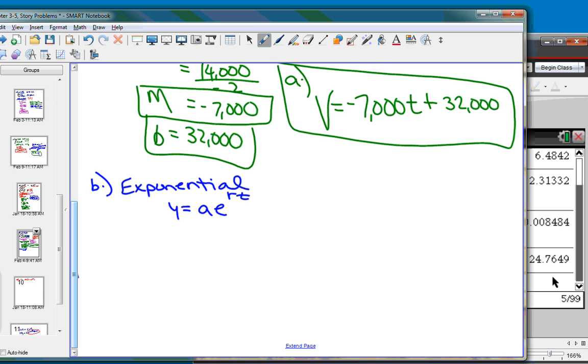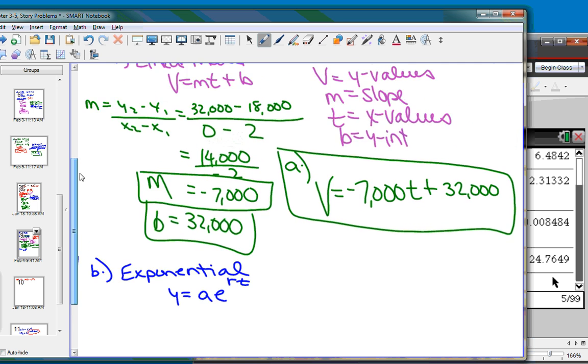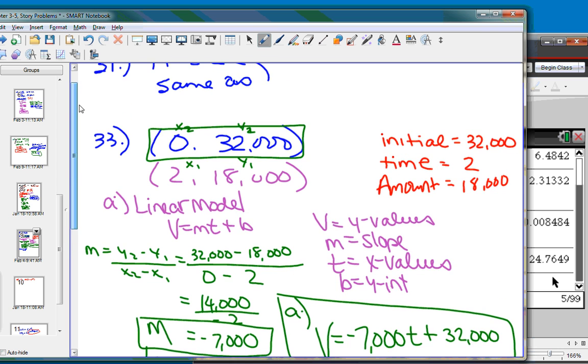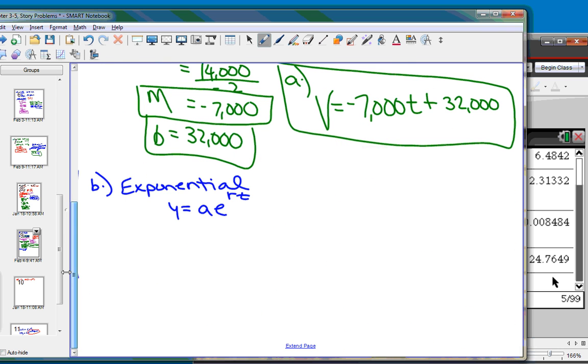We have it up here. It's the amount after how many years? It's 18,000 after 2 years. So this is 18,000. My initial would be what? 32,000. My rate, I don't know. And my time would have been 2 years. Can you find your rate and then come up with the equation now?